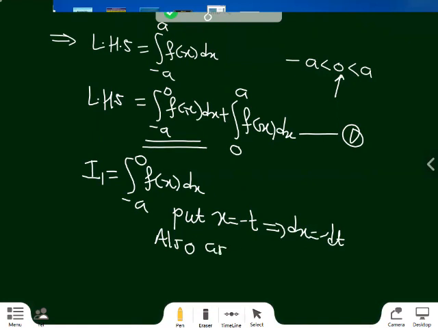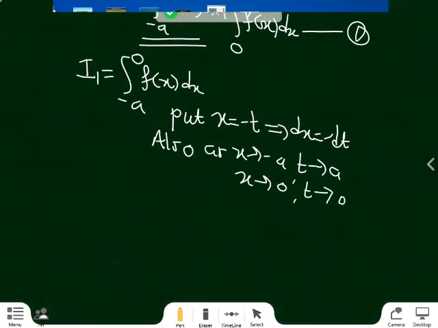as x tends to minus a, t tends to a, and x tends to 0 means that t also tends to 0. Now, making this substitution in I1, it becomes integration from a to 0 f of minus t into minus dt.